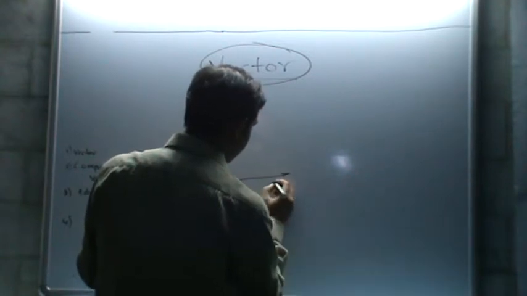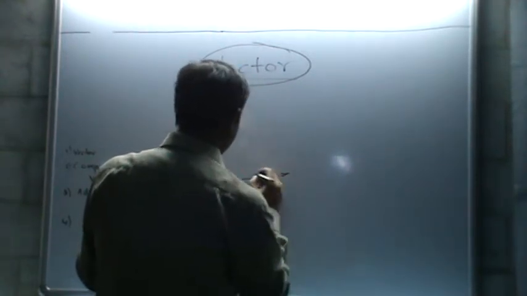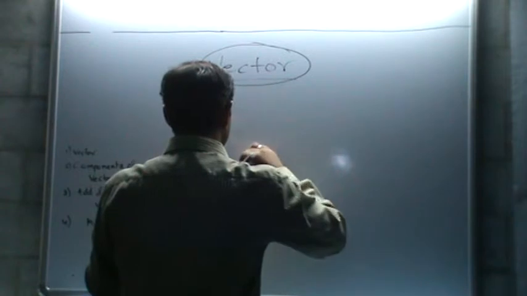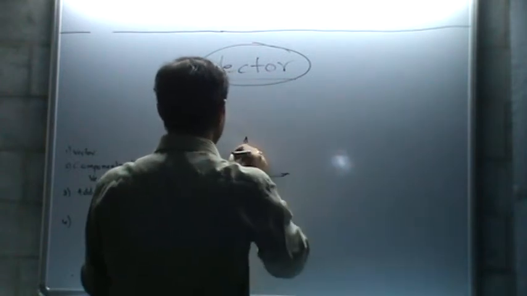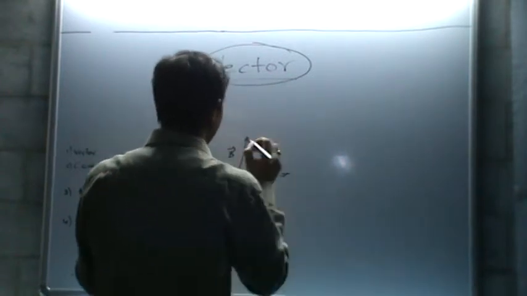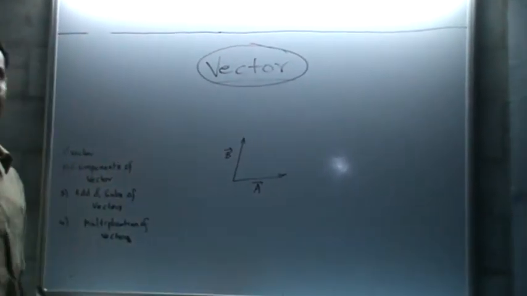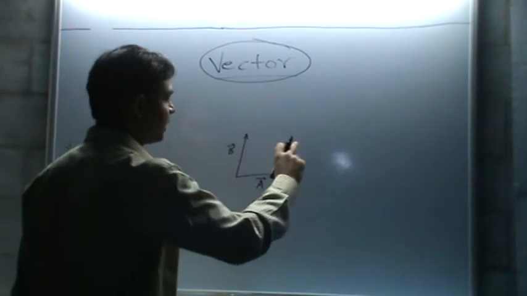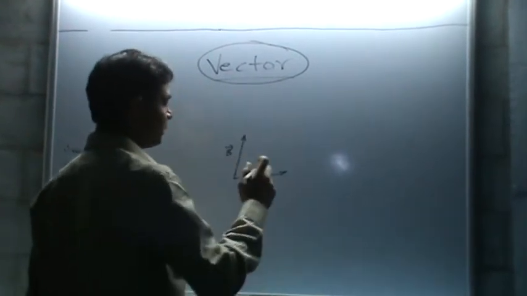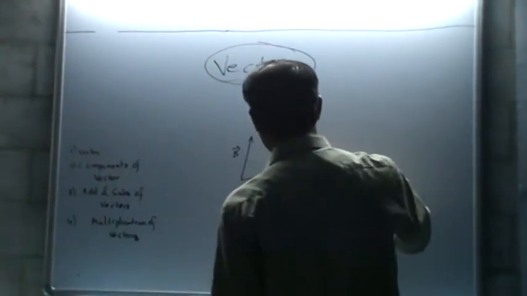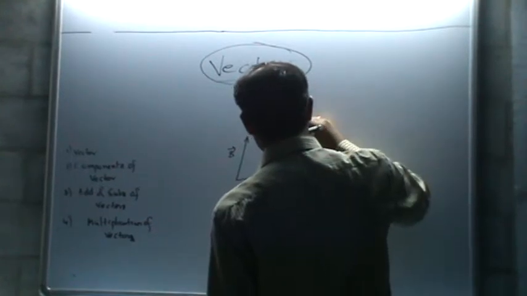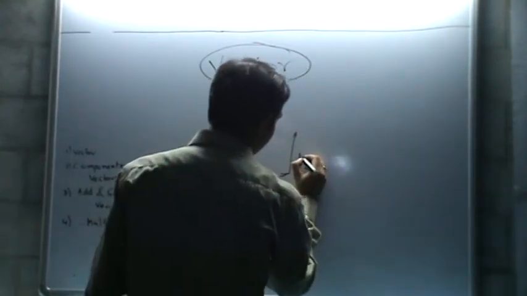Say this is vector A, this is vector B. Now we have to find the resultant vector. What will we do? We will shift this vector to the head of this vector. We are shifting this vector to the head of this vector.